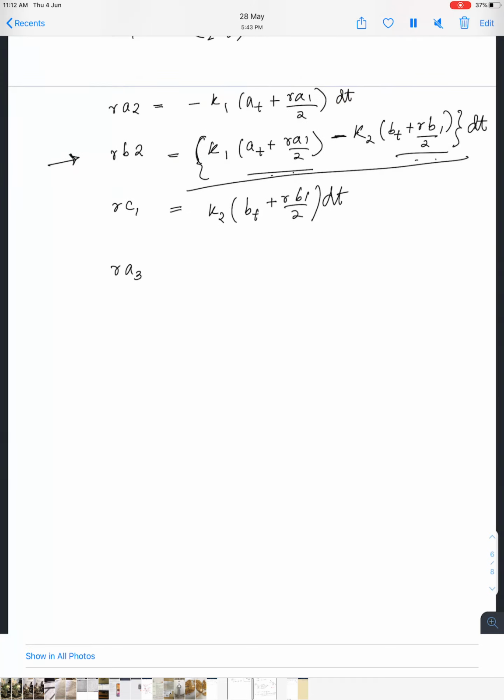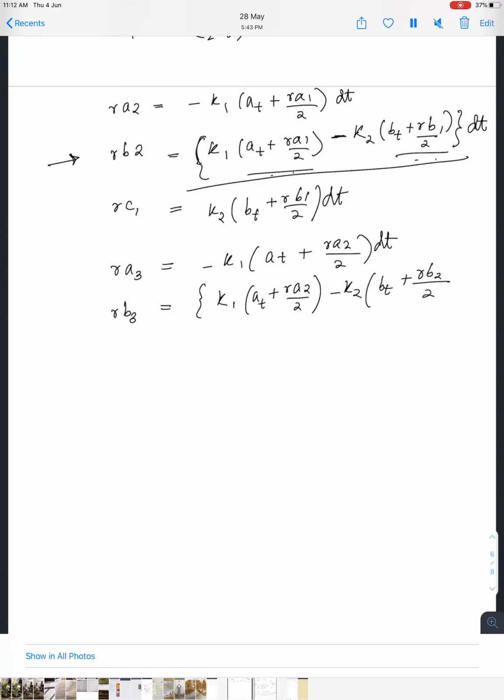Now we have RA3, so that's minus K1 A at t plus RA2 by 2 dt. RB3 is equal to K1 A at t plus RA2 by 2 minus K2 B at t plus RB2 by 2, the whole thing into dt, and RC3 is equal to K2 into B at t plus RB2 by 2 dt.